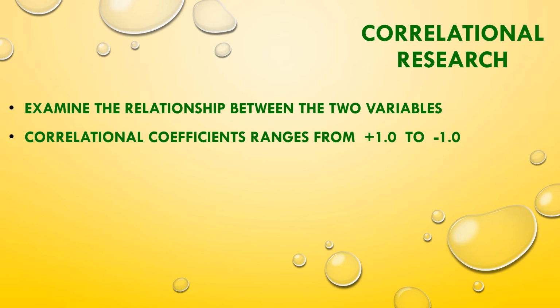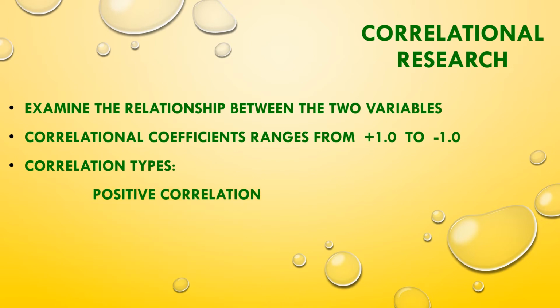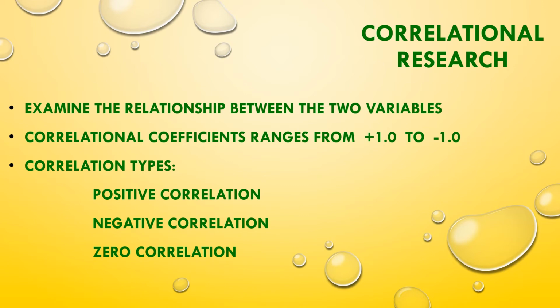The degree of association between the variables is represented by the correlation coefficient. It ranges from +1 to -1. The correlation can be of three types: positive correlation, negative correlation, or zero correlation. In positive correlation, if we increase or decrease the value of one variable, the value of the other variable also increases or decreases.